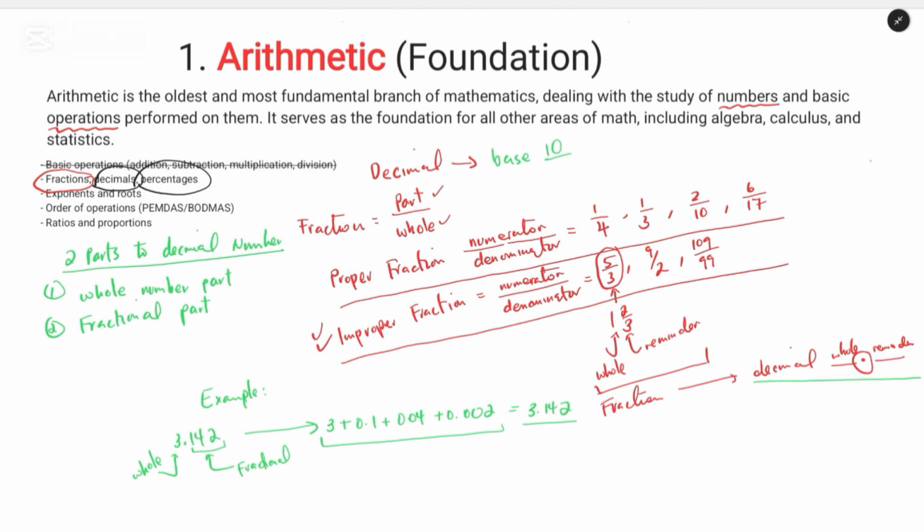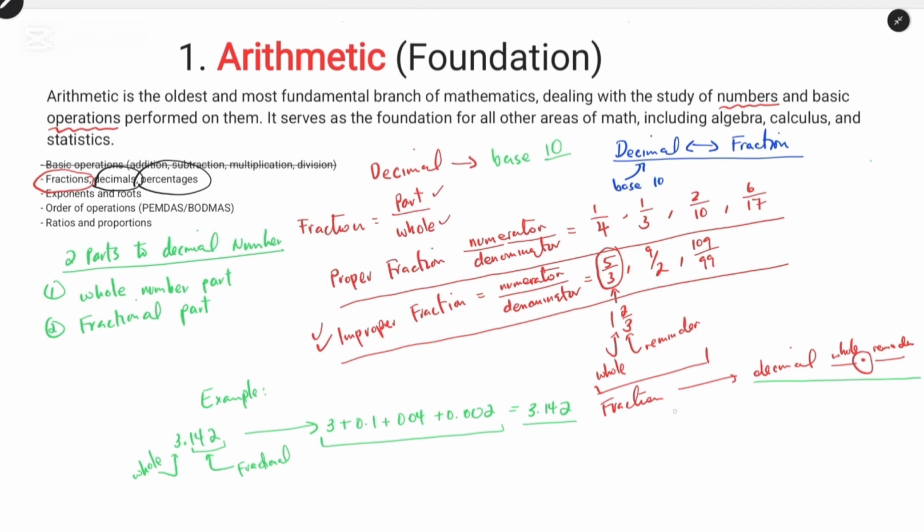And we can see that the decimal is equivalent to the fraction. However, they are represented differently, where in decimal it is represented with a base of 10.